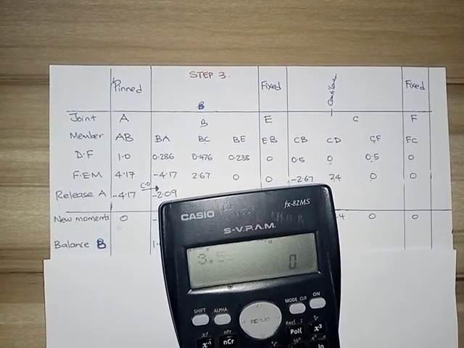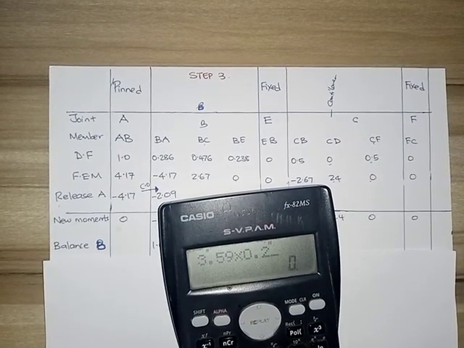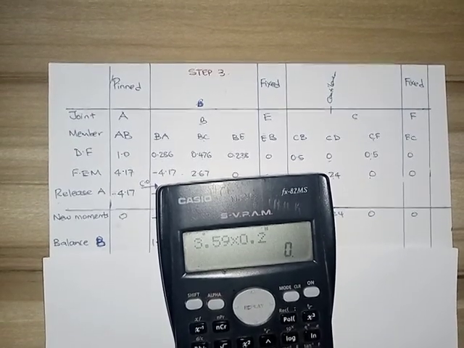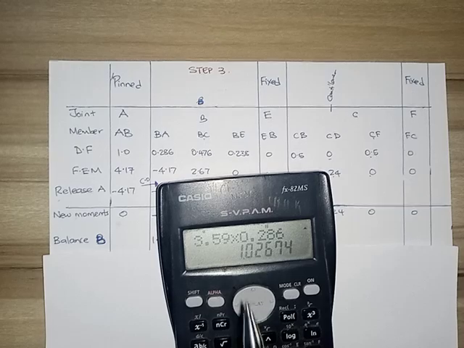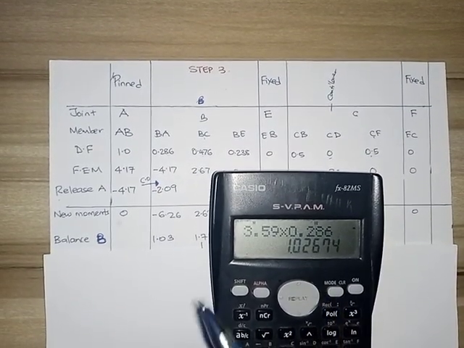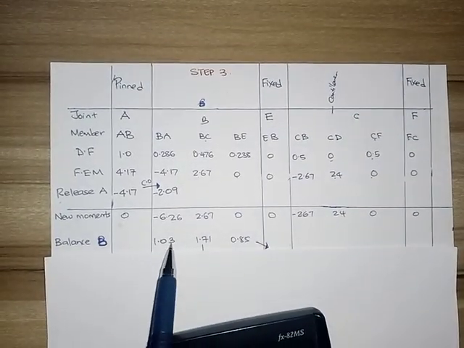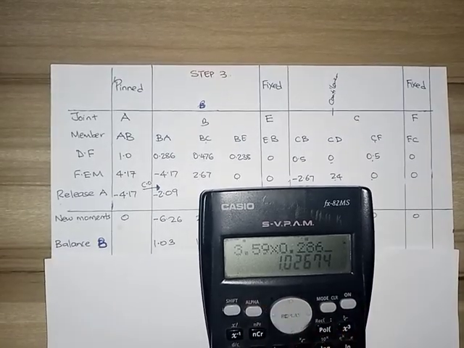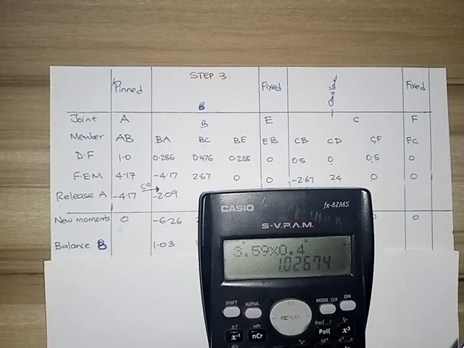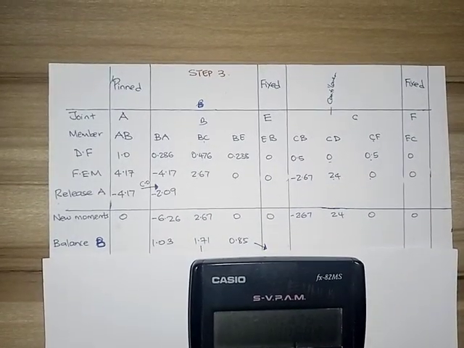So it will be 3.59 times the distribution factors. The first one is 0.286, and you get 1.026. I'm using 3 decimal places, so it will be 1.03. The next will be 0.476, and you get 1.708.